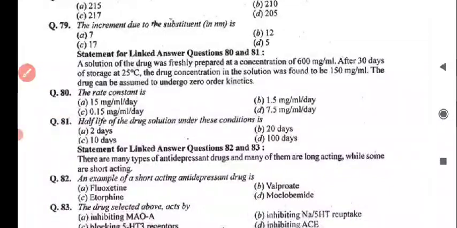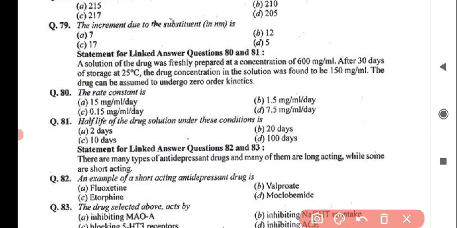Now moving to the next statement, and the statement is a solution of the drug was freshly prepared at a concentration of 600 mg per ml. After 30 days of storage at 25 degrees Celsius, the drug concentration in the solution was found to be 150 mg per ml. The drug can be assumed to undergo zero order kinetics.